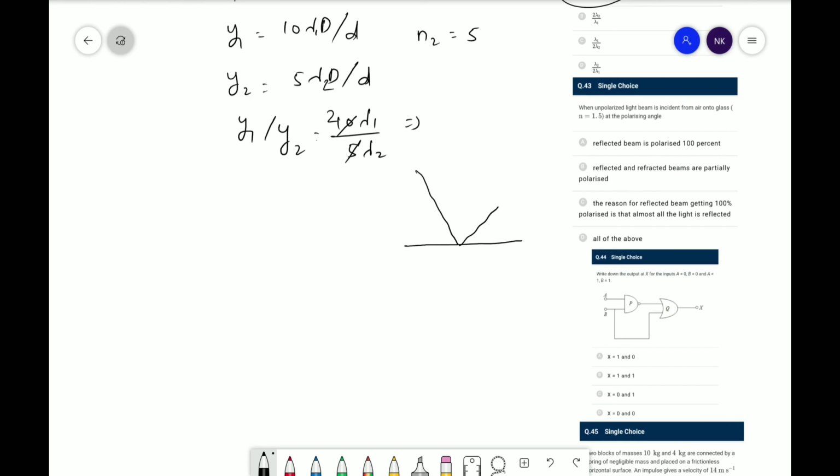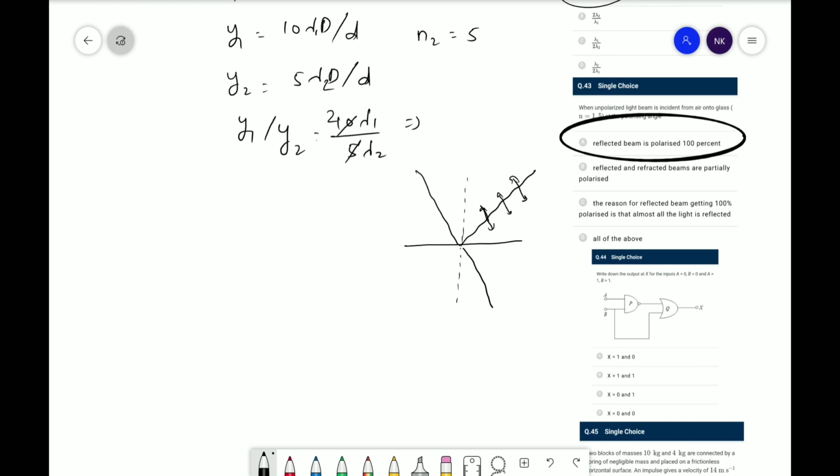It is falling on the surface of the glass. Therefore some part will be reflected as well as some part will be refracted. The option says the reflected beam is polarized 100%. It is obviously true that the reflected beam will always be polarized 100%.